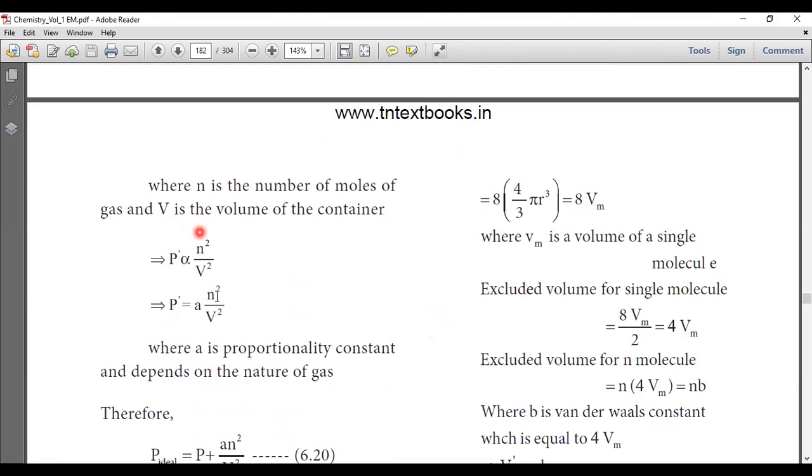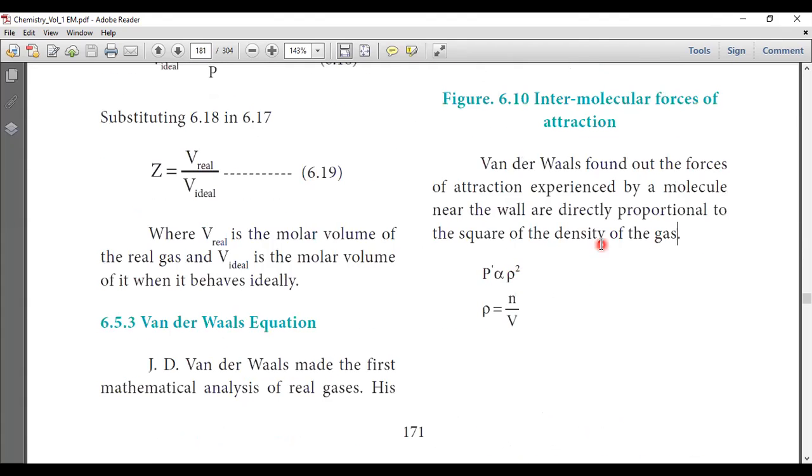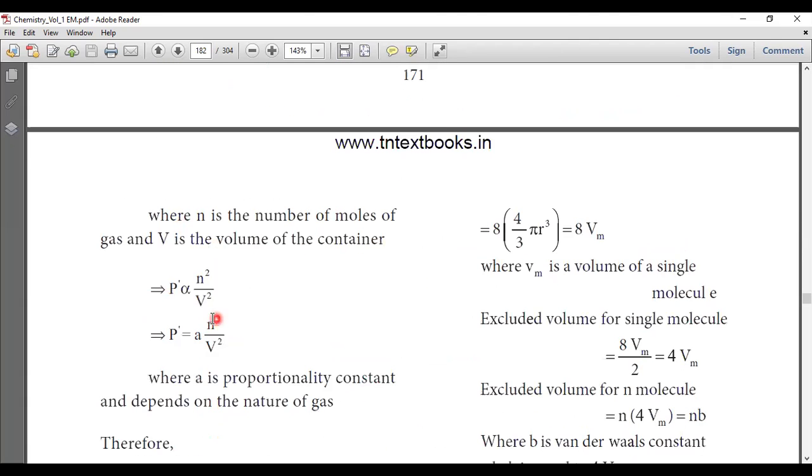Now in the place of rho, we substitute n²/v², because rho will be equal to n/v. We already know pressure is directly proportional to the square of the density of the gas. Since it is squared, the n/v term becomes n²/v².